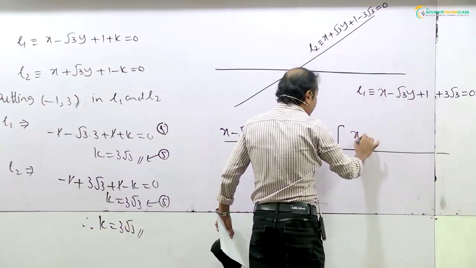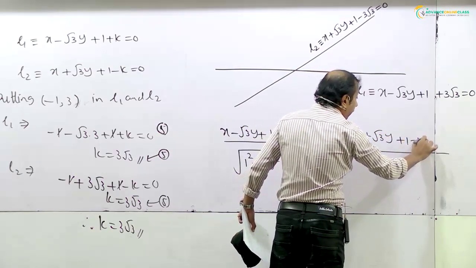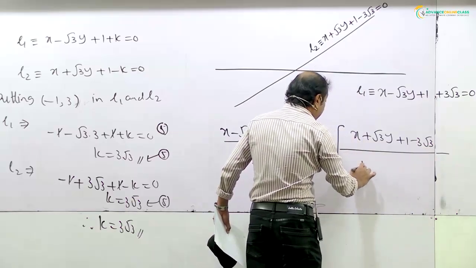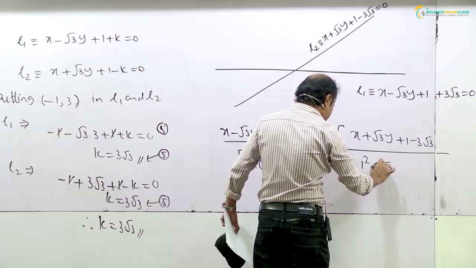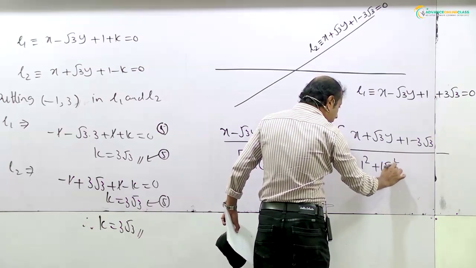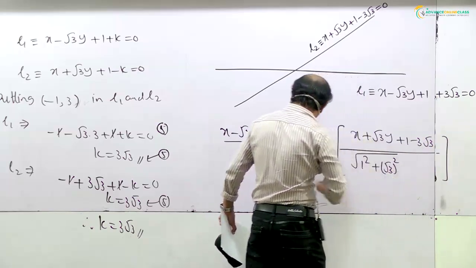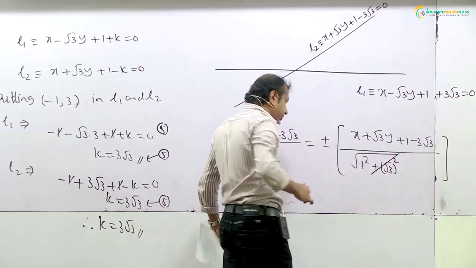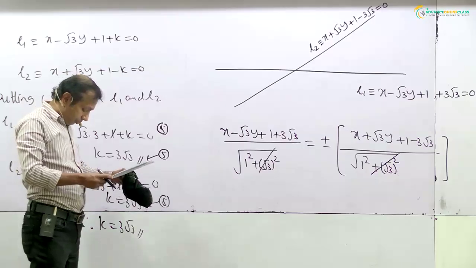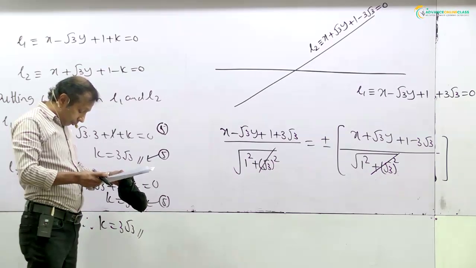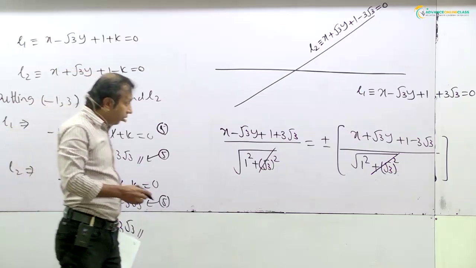This line x plus root 3y plus 1 minus 3 root 3 over square root of 1 squared plus root 3 squared. These two you can cancel down. For this, you get 10 marks.